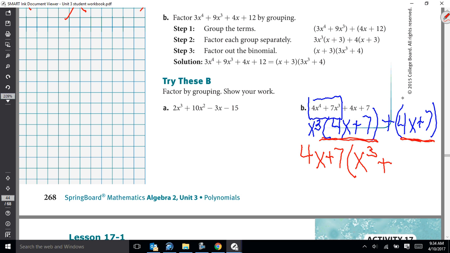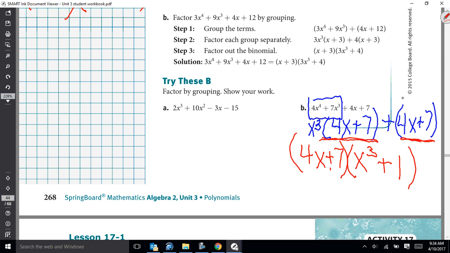And then if we remove this, we're taking that out. So 4x plus 7 times what gives us 4x plus 7? 1. We have to put that 1 there because it's our placeholder, so that when we redistribute, it goes back in. So this is the factored form of that.